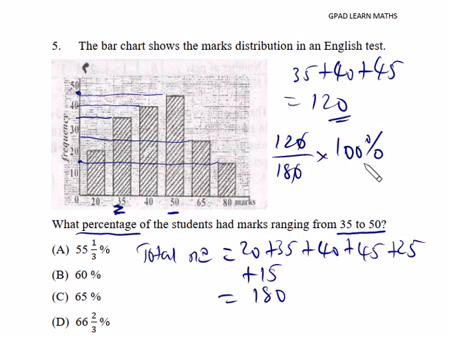All right, and when you do all the computation, you're going to get 66 2/3%. I had to do this just to save time. If you use your calculator and do this, you should be able to get that as your answer. So this is now making it option D. That is the answer.